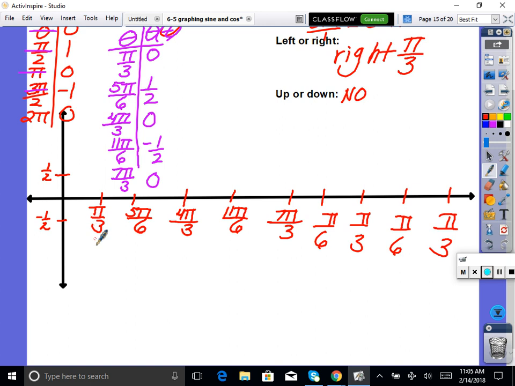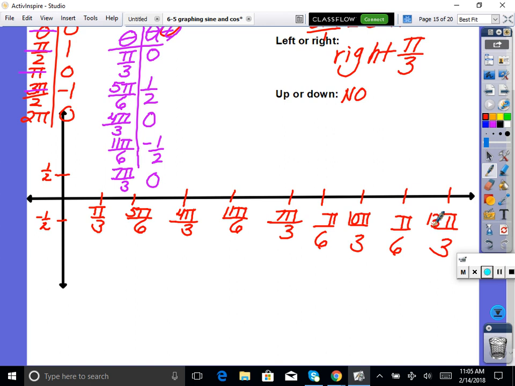Wait, that's not a 7. That's a pi. Sorry. 1, 4, 7. What's happening? It happens to be adding 3, so let's just keep with that pattern. That's 7, 10, 13 then. Let's hope that's right.